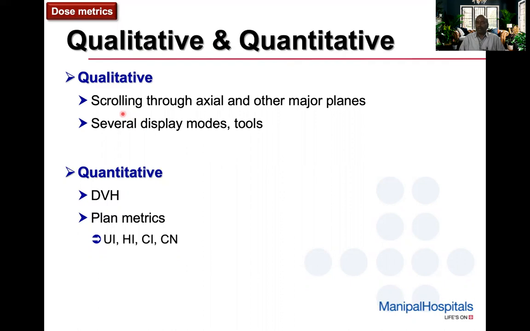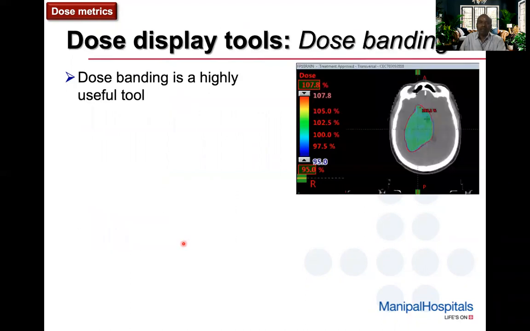Qualitatively, you scroll through axial and other major planes, and use the different display modes and tools available in the planning system to see how the dose distribution looks. Quantitatively, you use tools like the dose volume histogram, and plan metrics like uniformity index, heterogeneity index, conformity index, and conformity number. There are many dose display tools available in many planning systems.